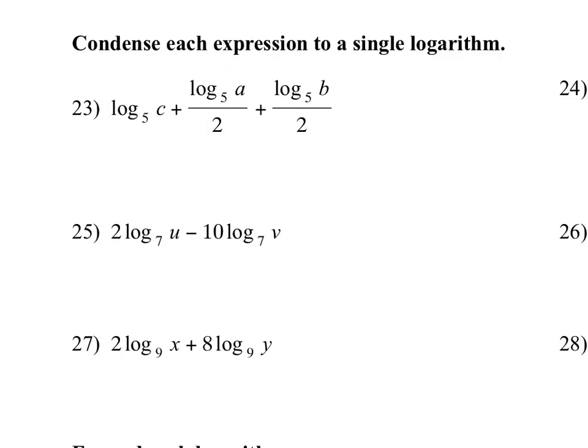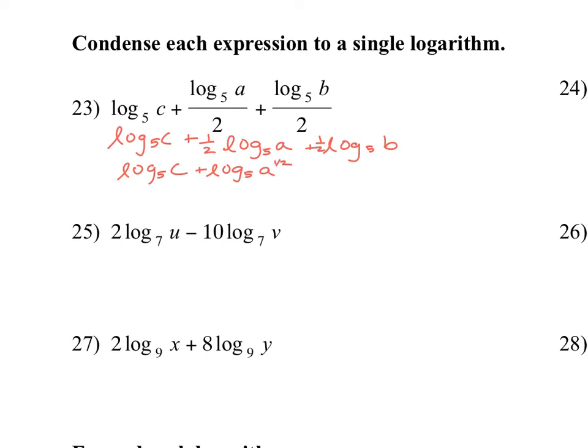So now we're going to use the same properties, but we are going to condense. The first thing that I'm going to do is take this problem, and I'm going to write the over 2 part in front as a 1/2. 1/2 log base 5 of A plus 1/2 log base 5 of B. And that way I can use the power property to take that power that was written in the front and make it a power on the argument.